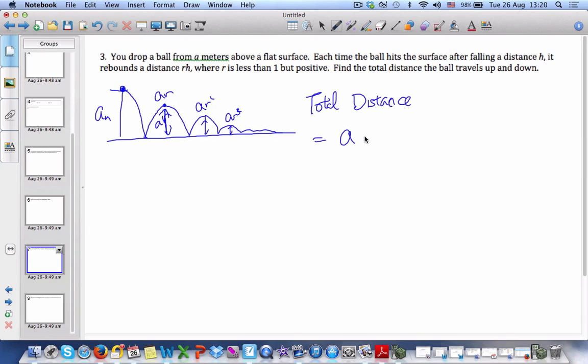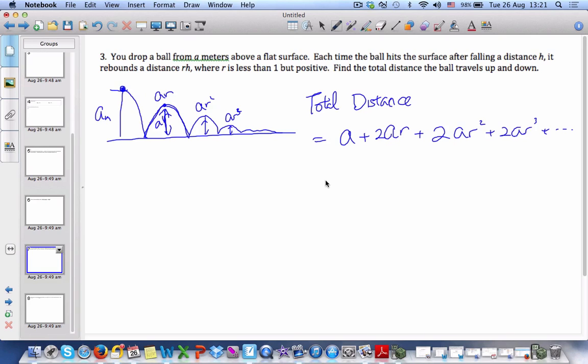Is A plus 2 times AR, because it goes up and down, there's 2 times, plus 2 times AR squared, plus 2 times AR cubed, and so on. So now we can do it a couple of different ways.